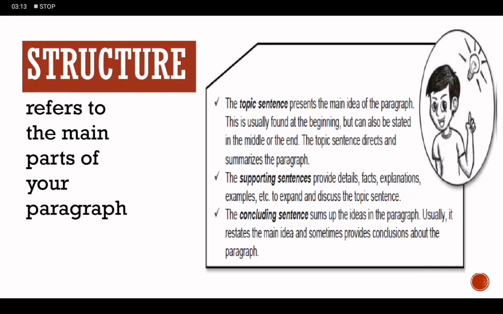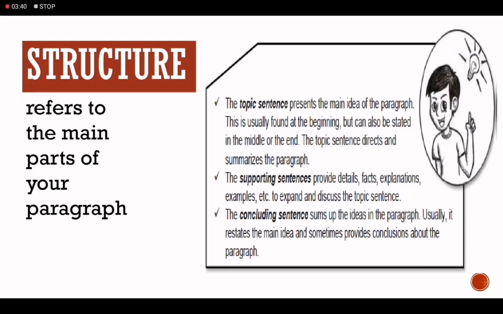How about supporting sentences? From the word itself, they support the topic sentence, the main idea of the paragraph. They provide details, facts, explanations, examples, etc. to expand and discuss the topic sentence. How about concluding sentence? From the word itself, it concludes, it sums up the ideas in the paragraph.